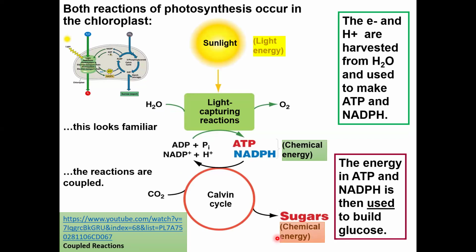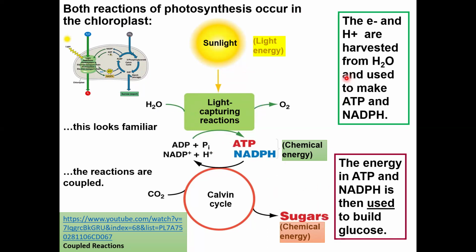So what happens with these reactions in photosynthesis is that it looks familiar in that it gets coupled together, where one reaction is helping the process of the other one.